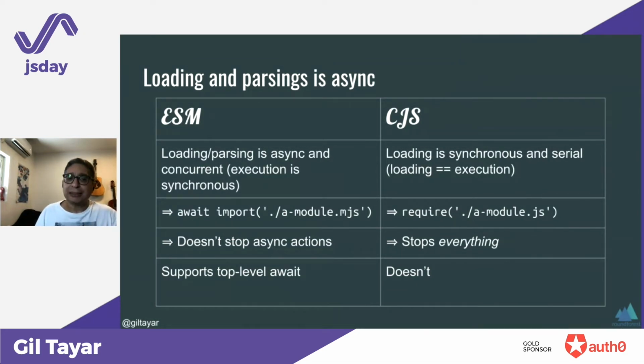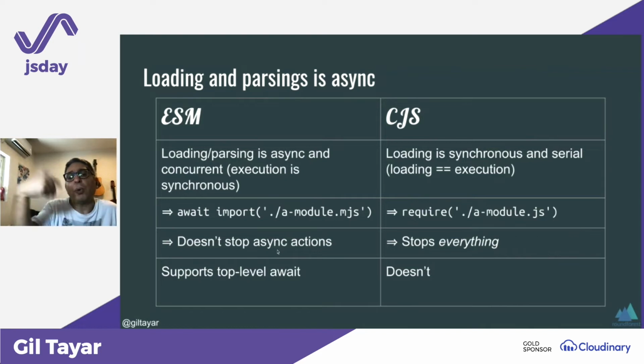In ESM, because the loading and the parsing is async, you can't dynamically import a module without waiting on it, without having it return a promise. You have to await that import in order to get the module, because the loading and the parsing is async. In CJS, require is totally synchronous, so you don't have to await it.